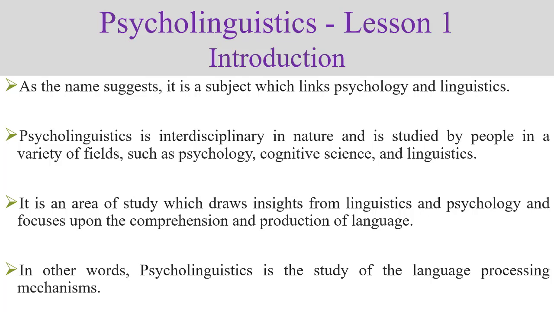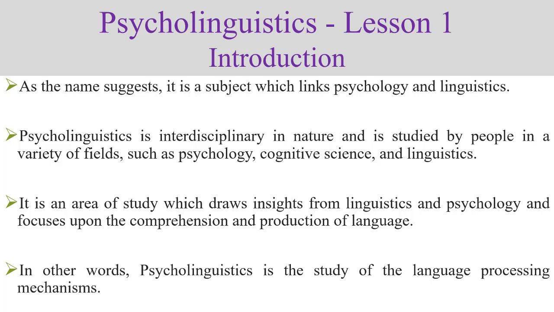Okay, so it is interdisciplinary in nature in the sense that we have psychology and linguistics, and it is studied by people in a variety of fields such as psychology, cognitive science, and linguistics. So it is an area of study which draws insights from linguistics and psychology and focuses upon the comprehension and production of language.